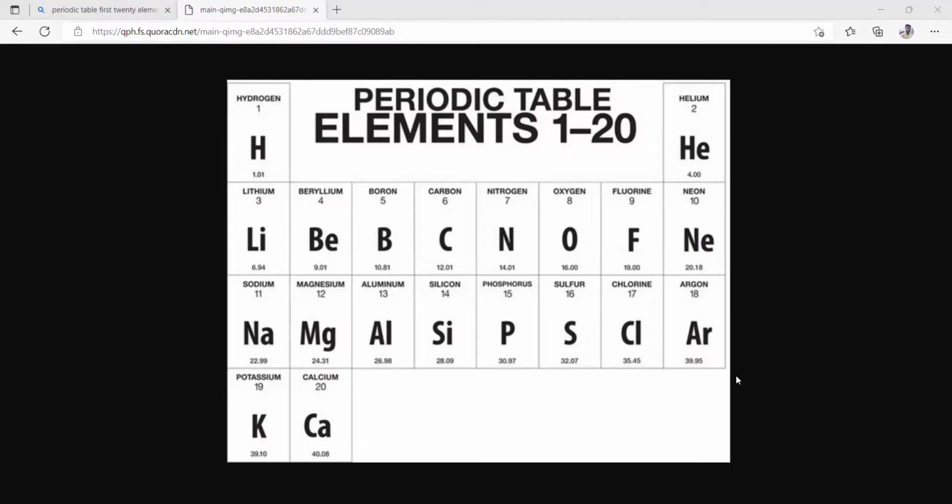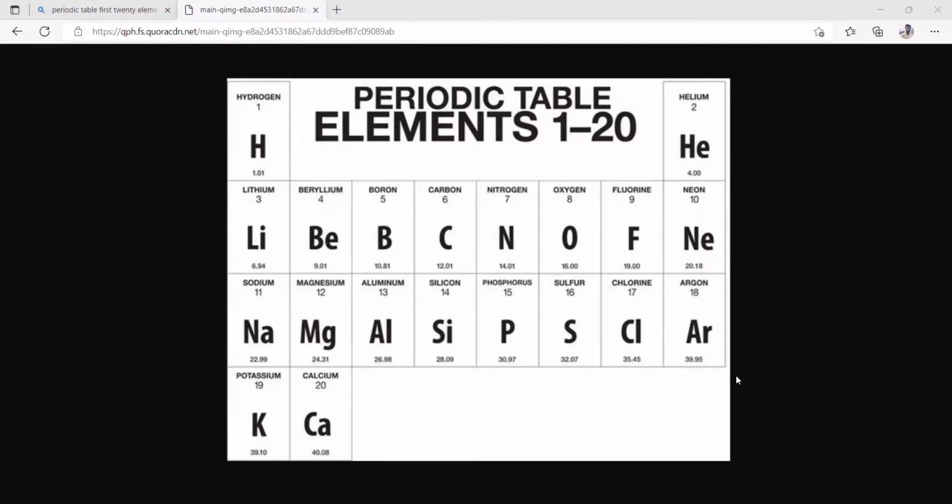Right. The name of the element Li is lithium. The atomic number of lithium is 3 and the mass number of lithium is 7.